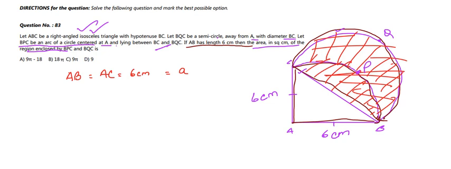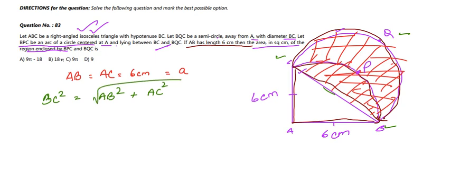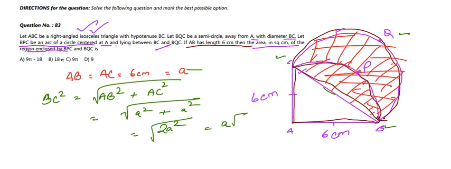So let us continue here. Here we have BQC, a semicircle on this hypotenuse. Let us first find the length of the hypotenuse. Let BC be the hypotenuse, BC square equals AB square plus AC square, so BC is root over a square plus a square, which is root over 2a square, which is equal to a root 2.